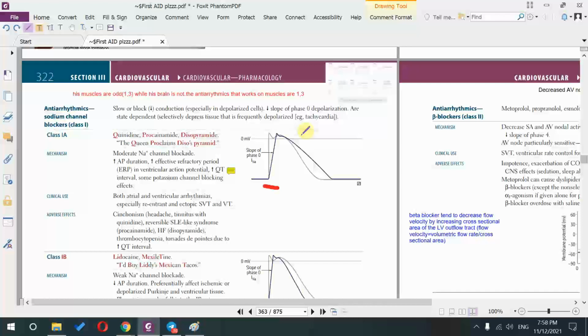And thus, you would like to use a sodium channel blocker because it can function on them. They decrease the slope of phase 0 depolarization. They are state-dependent, selective for depressed tissue that is frequently depolarized in case of tachycardia, especially post-infarction tachycardia.